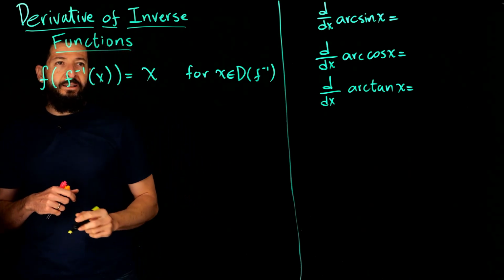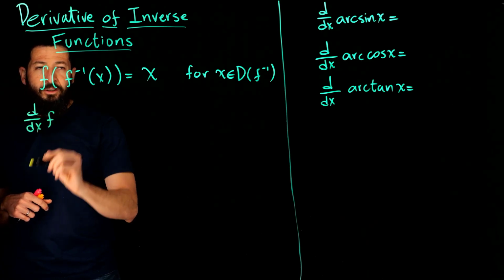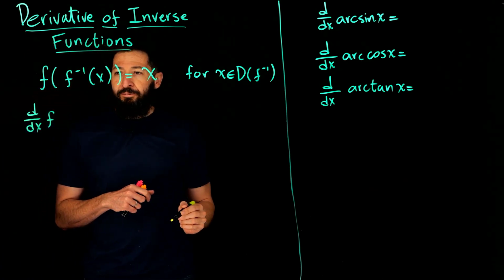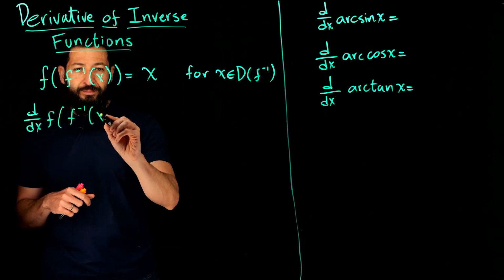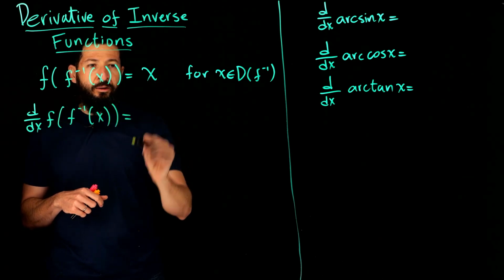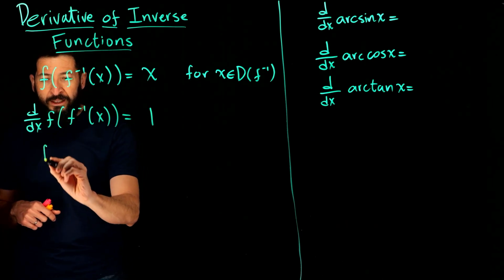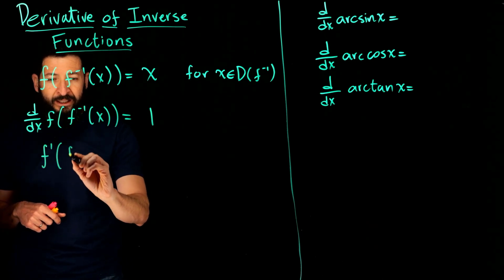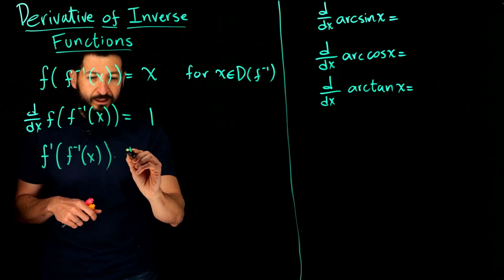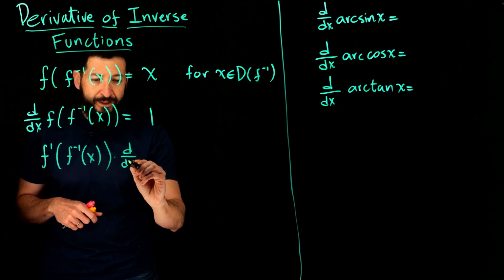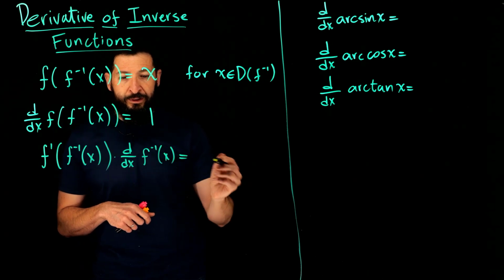But if you go ahead and take the derivative here by using your chain rule, so you take the derivative on both sides, you get the derivative of this one, which is 1. And how do we compute this derivative? Well, by chain rule, we take f prime evaluated at f inverse of x times the derivative of the inside, which is the derivative that we would like to compute, the derivative of the inverse function.